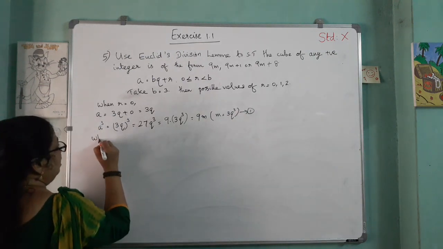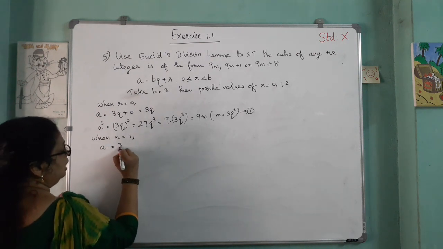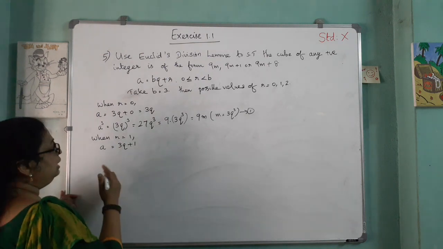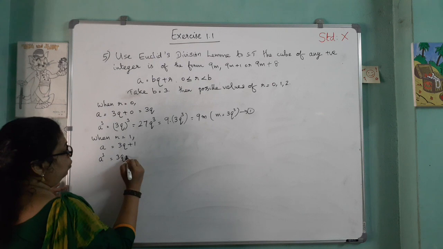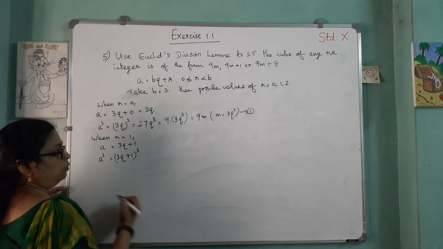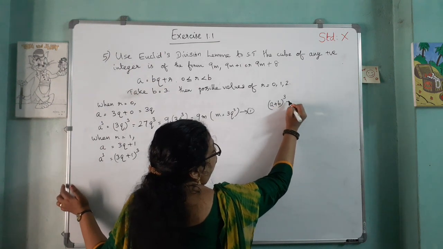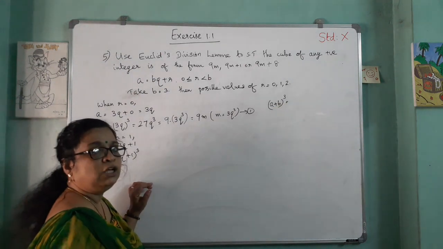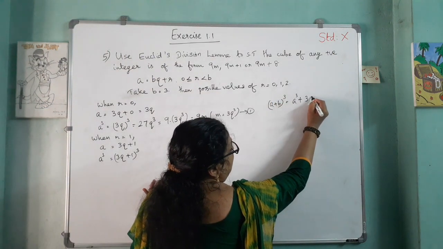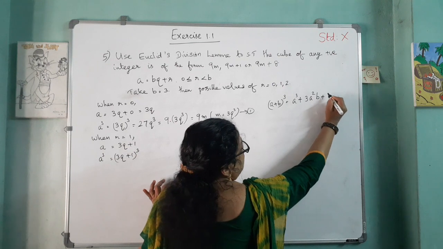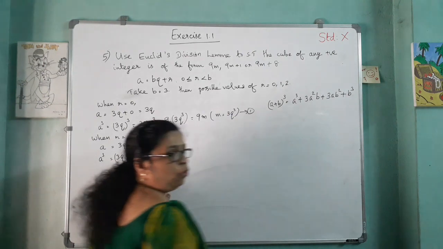So next, when r equal to 1, our equation a becomes 3q plus 1. Then taking cube on both sides, a cube equal to 3q plus 1 the whole cube. This is of the form a plus b the whole cube. What is a plus b the whole cube? a cube plus 3a square b plus 3ab square plus b cube, that we know.